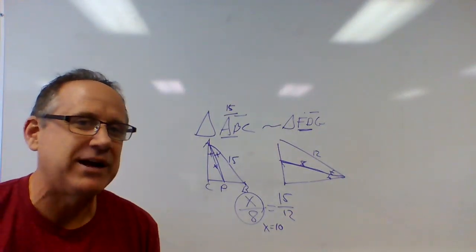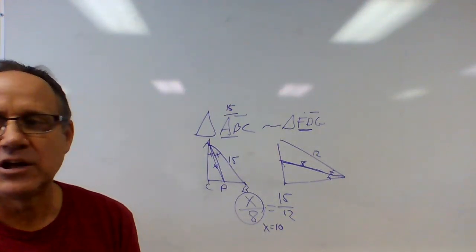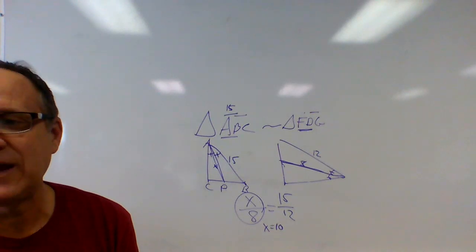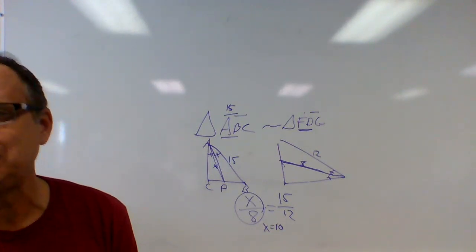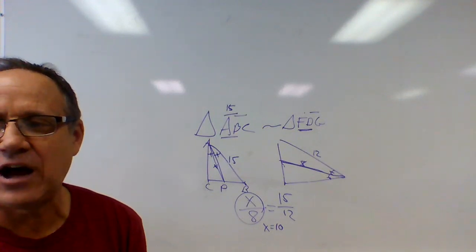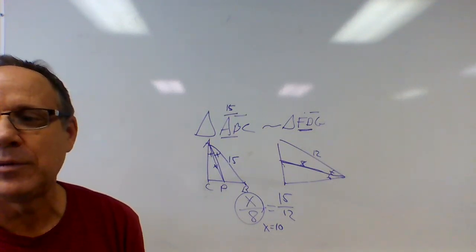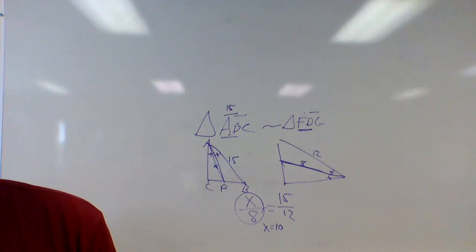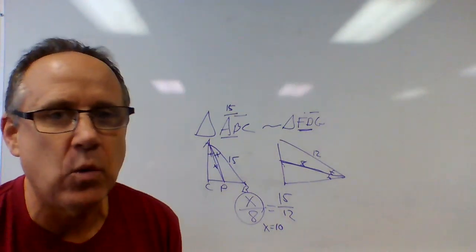We're going to look at page 504, the triangle angle bisector theorem. An angle bisector of a triangle also divides the side opposite the angle proportionally. Theorem 7.11.